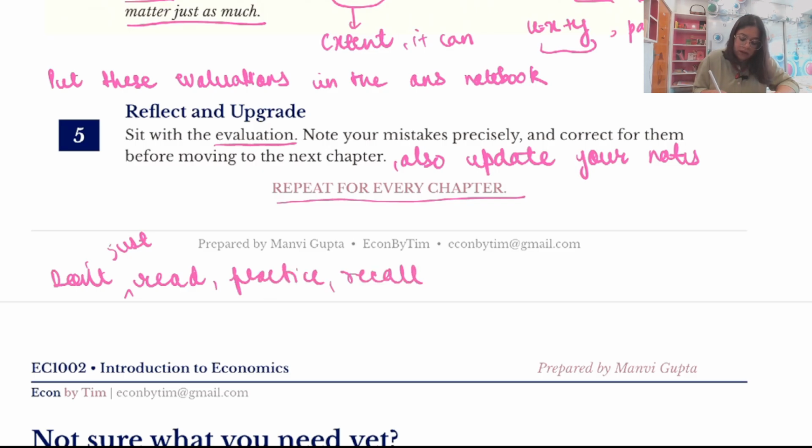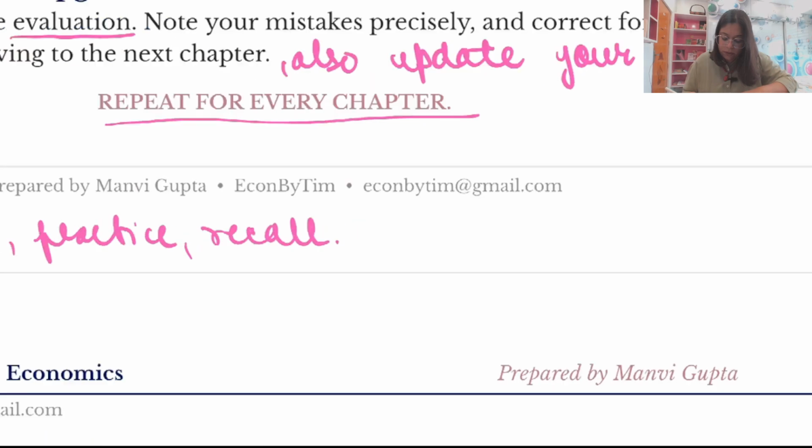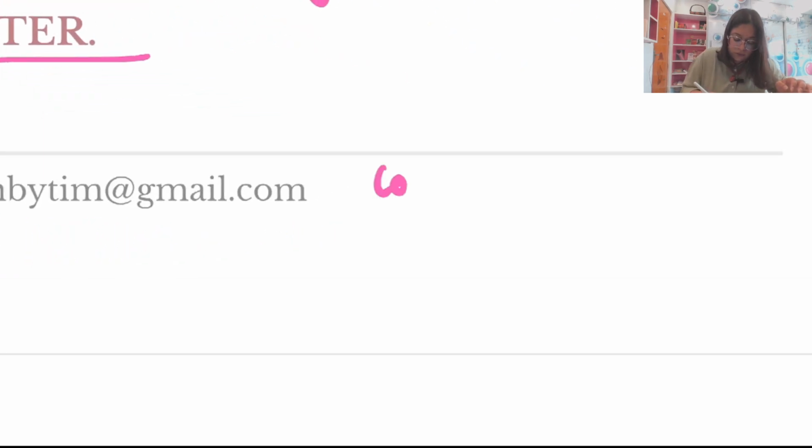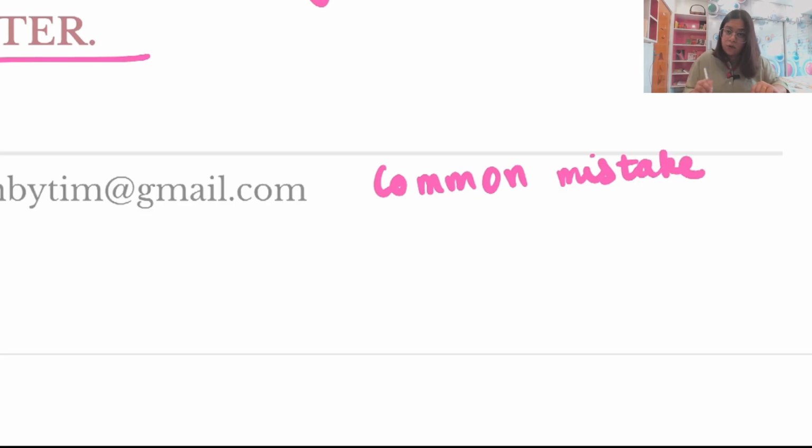Another mistake, guys, which people make, let me just mention it here, a common mistake. I hope it's visible. By the way, I will link this PDF in the comments section, so don't worry about it, and I will link the annotated one so you have everything with you. Students rather think that we will solve all the questions once we are done with all the chapters.